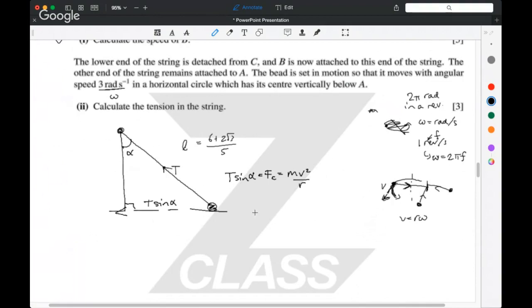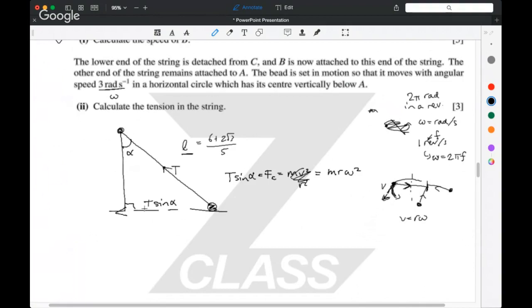But now we've got a different situation. If I plug in v equals r omega, that gives me m r omega squared. And what is r? We were talking about T and T sine alpha as sides of a triangle in force space, but let's look at spatial space. We know the hypotenuse, which is this length L, and we know this alpha, it's the same alpha.